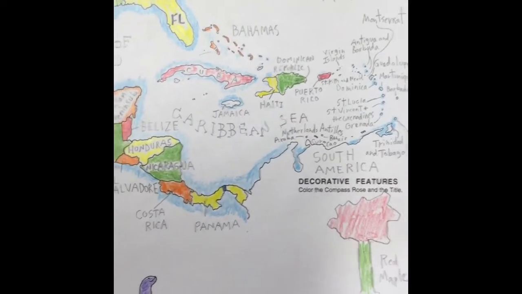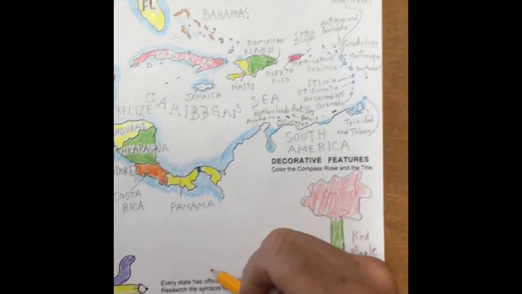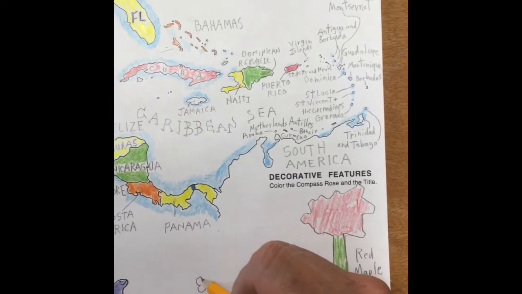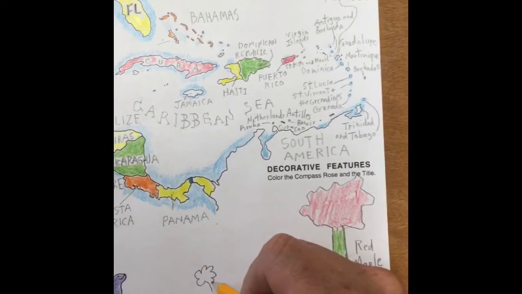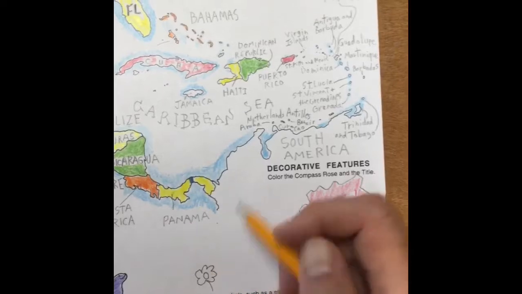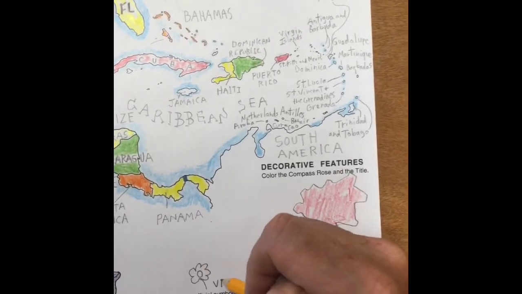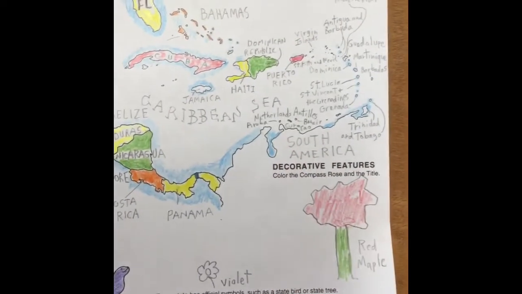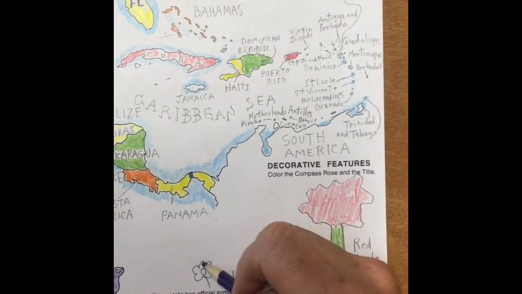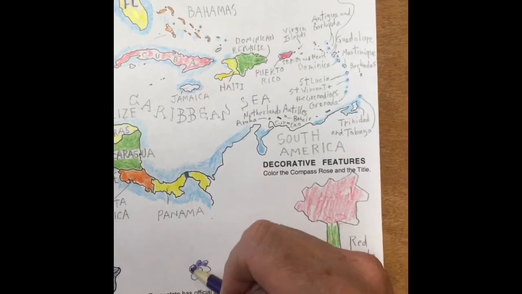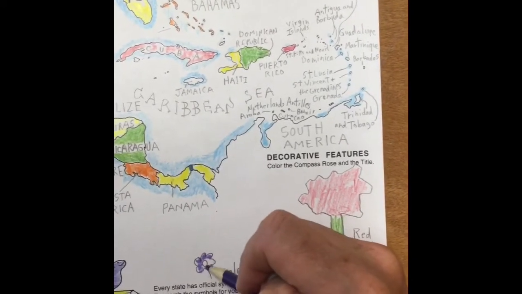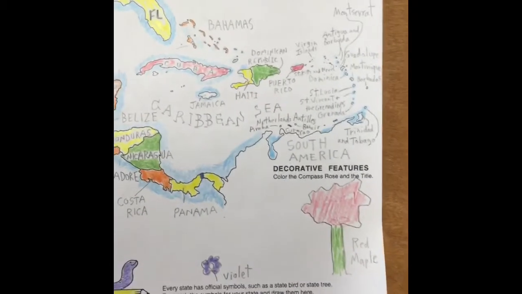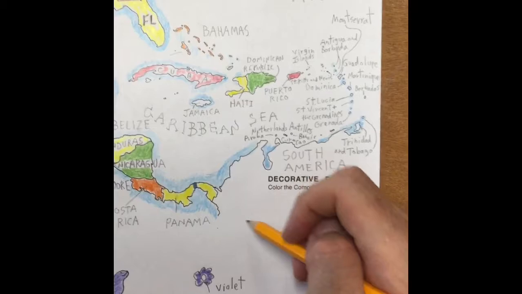All right, we have a state flower too called the violet. I'll just draw a simple flower like this. You can write the name of your state flower next to that. I don't know if every state has a state fish, but we have a fish called the striped bass.